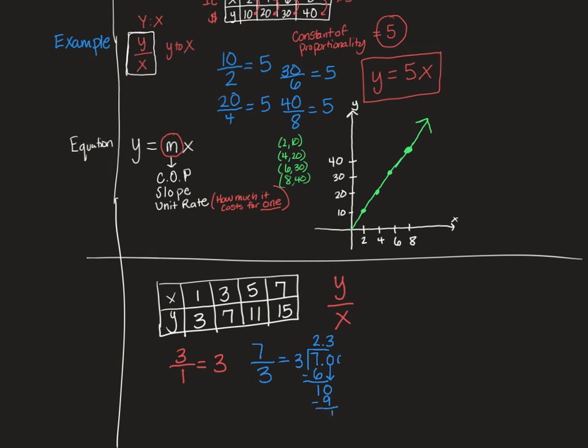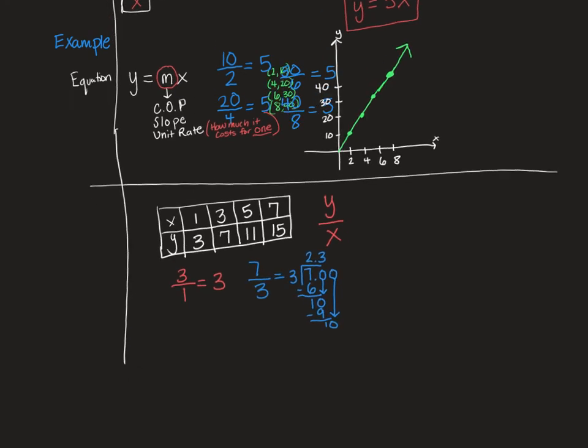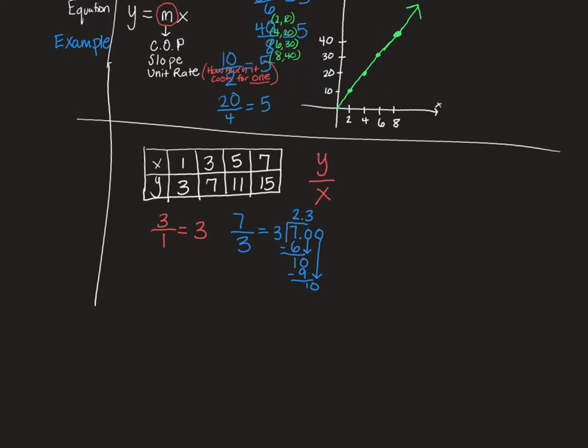Do you guys remember what type of decimal this is? When you keep getting the same thing? Do you guys remember what that's called? Yeah, so it is a run-on type of decimal.